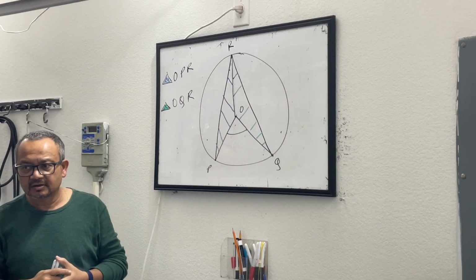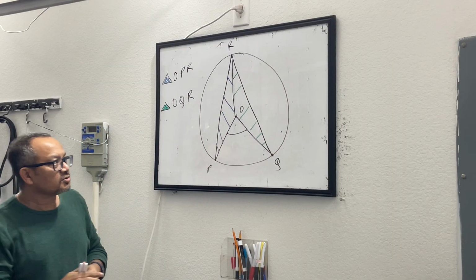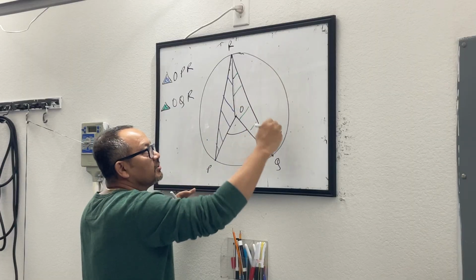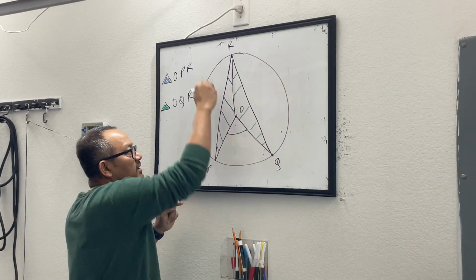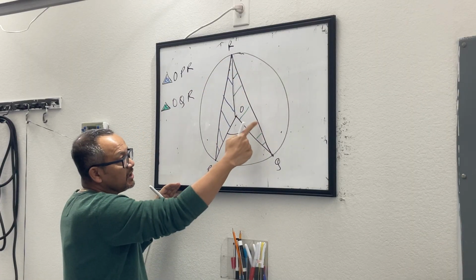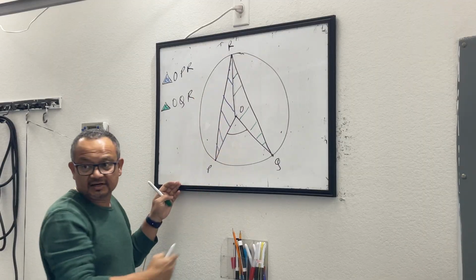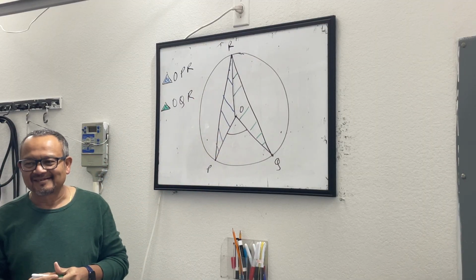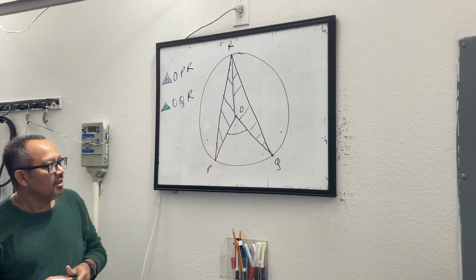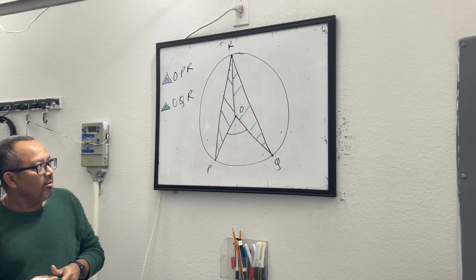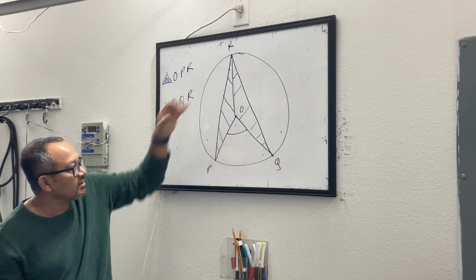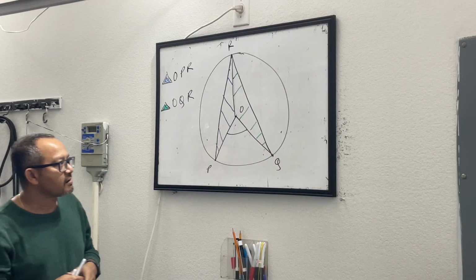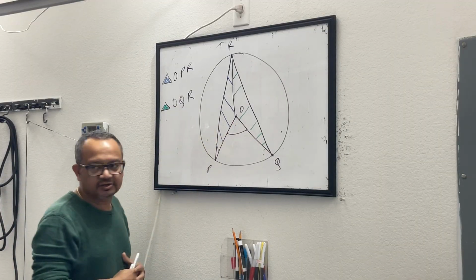They'll be diameters only if they cross the center. They're not crossing the center. It's because RO is shared, and then this is radius, so these two are same.